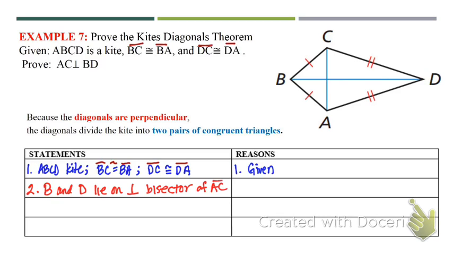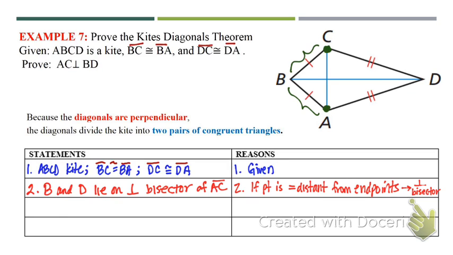We also know BD lies on the perpendicular bisector of AC, from a theorem we learned a while ago that says if a point is equal distance from the endpoints, it lies on the perpendicular bisector.